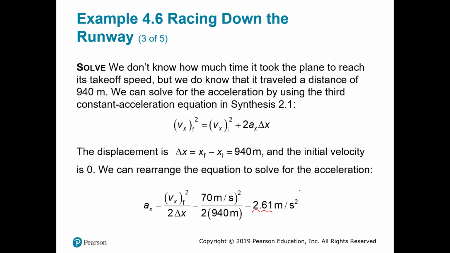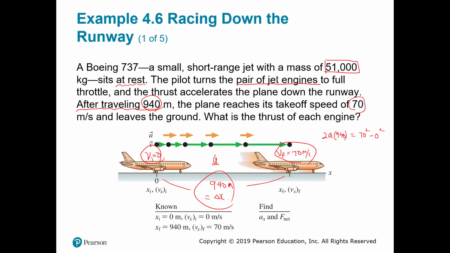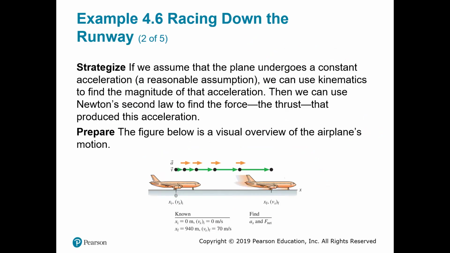Now, because you know the acceleration, your net force is m times the acceleration 2.6 you found here. So then you can find the net force by the engines. Because you have two engines, whatever you got for net F, half of it is powered by thrust from each engine.